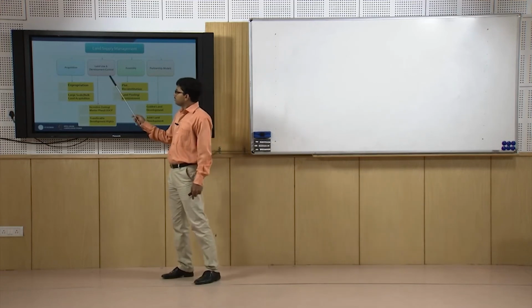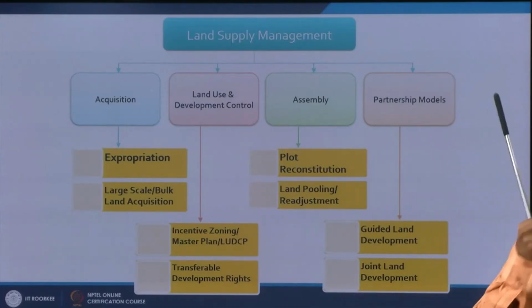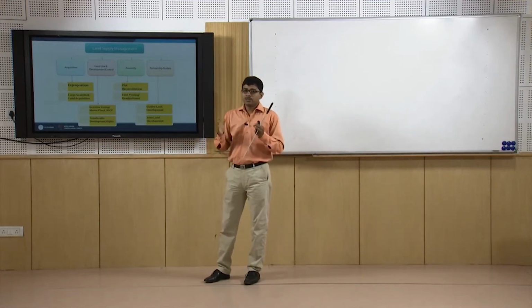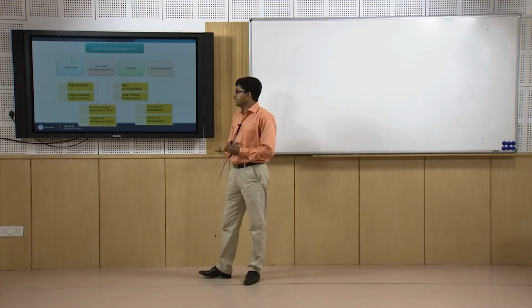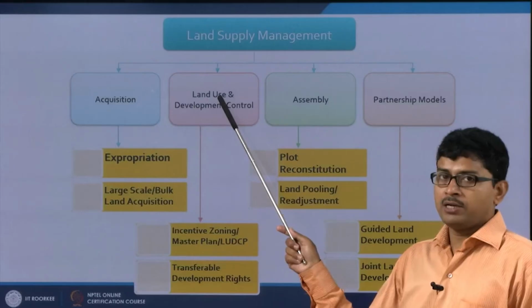In the second category, which is called land use and development control, in the last lecture we discussed the legal framework and institutional framework. Under that we discussed that state governments have the Town and Country Planning Act, which basically assigns the land use and the development control.